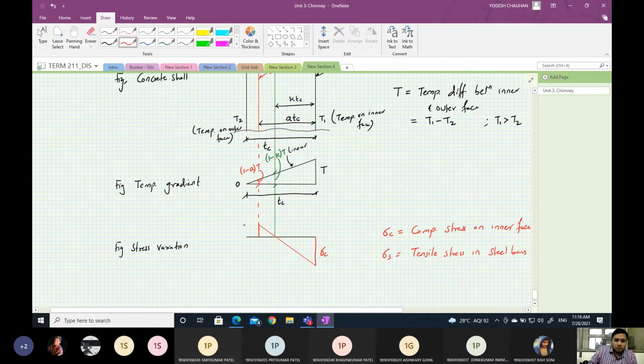Okay. So this will be sigma S, but now we are converting this into concrete by dividing by the modular ratio.